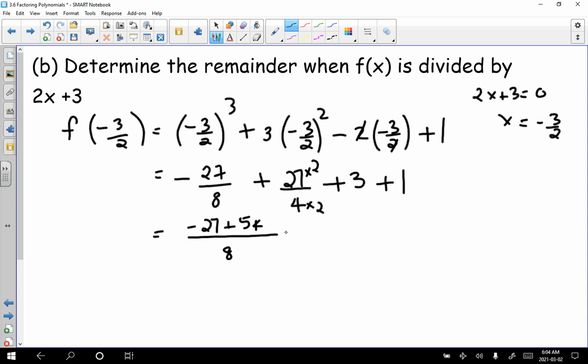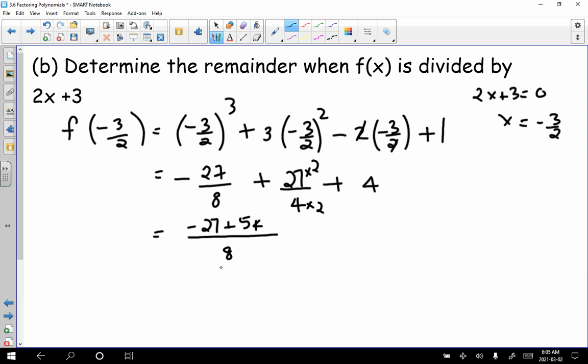And we can even add this, give it the common denominator 8, plus 4.